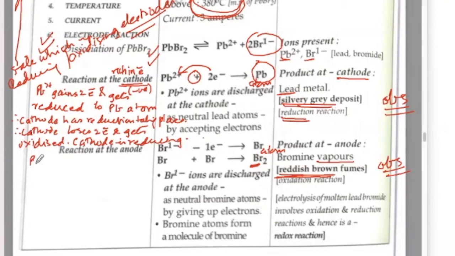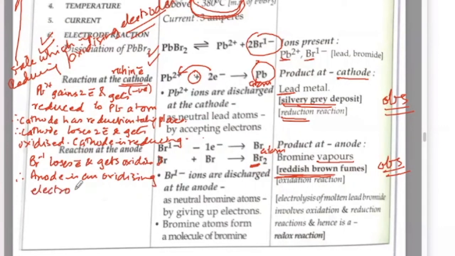Br1- loses an electron and gets oxidized. Therefore, the anode is an oxidizing electrode. The word electrode will be coming there in your questions.